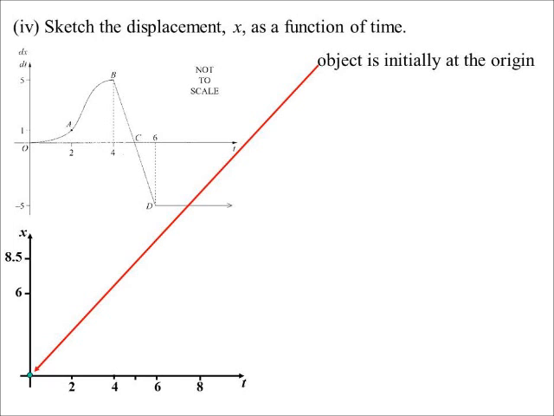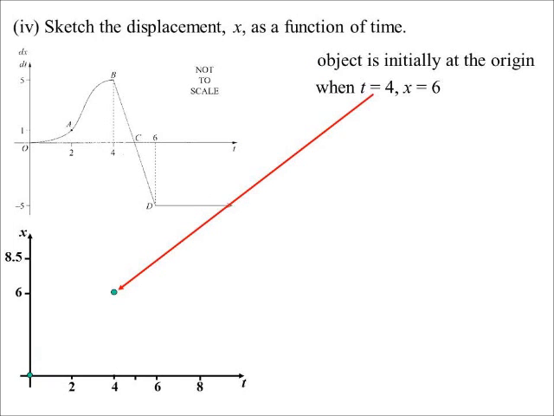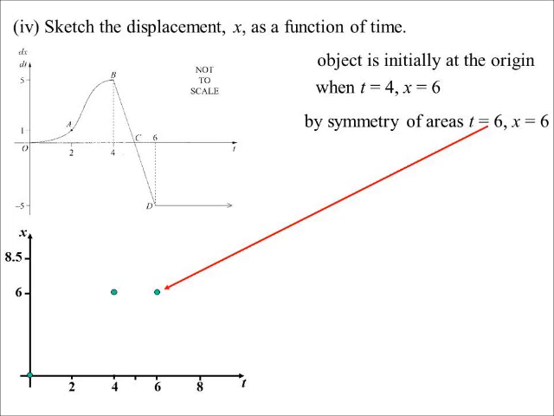Now, we estimated that when t is equal to 4, displacement was 6. So I can plot that point in, 4, 6. By symmetry, remember we have the triangle above, then the triangle below, so I know that when t equals 6, I'm also back at 6.